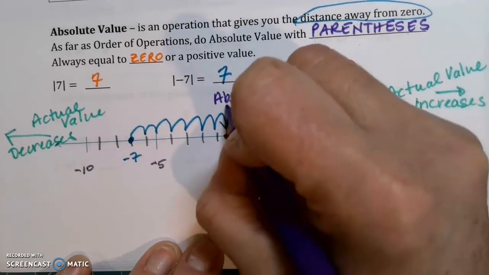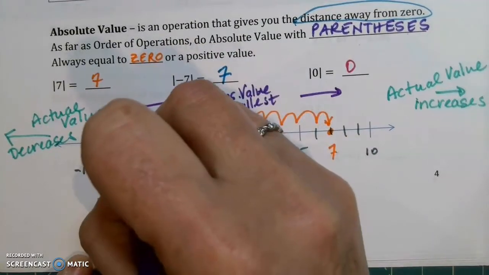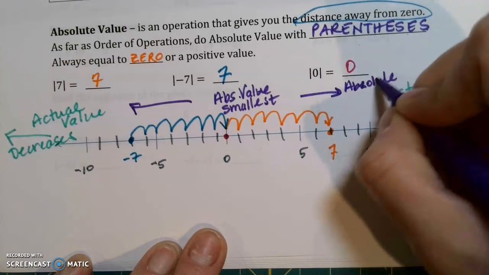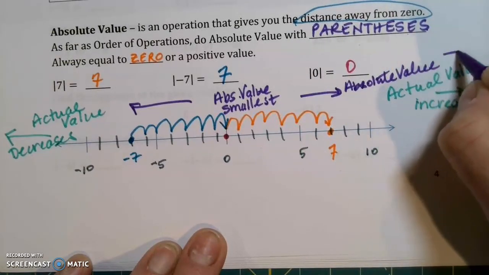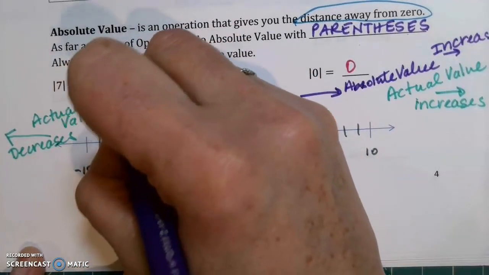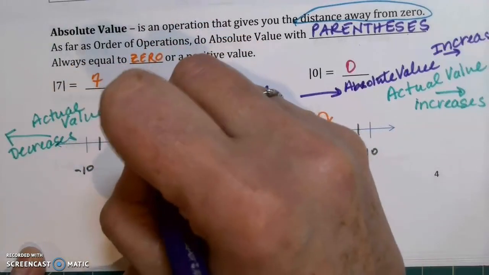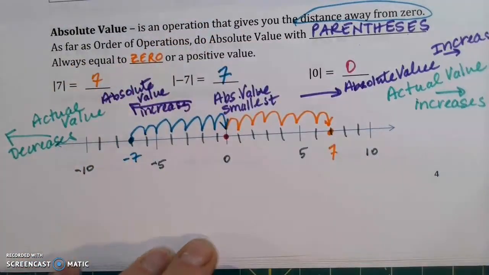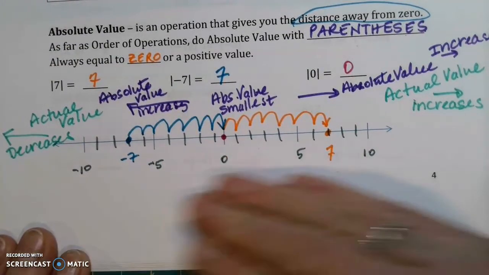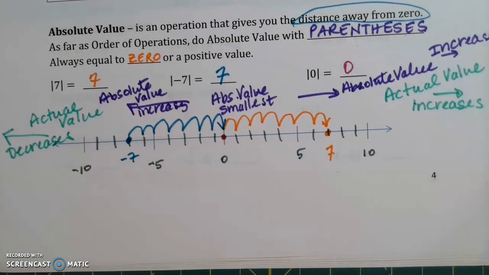So absolute value is the smallest here and gets larger no matter which way you go. So absolute value increases as you go to the left or the right. So for absolute value, the ends are higher than the center. Whereas in terms of actual value, this is just going to go up, and then we just go down when we are going to the left.